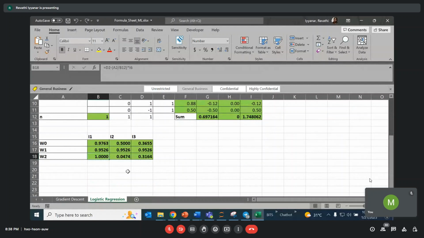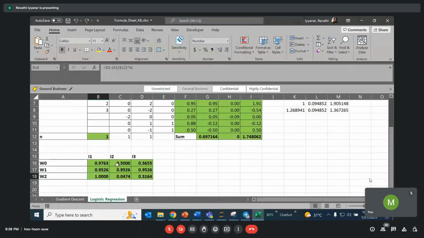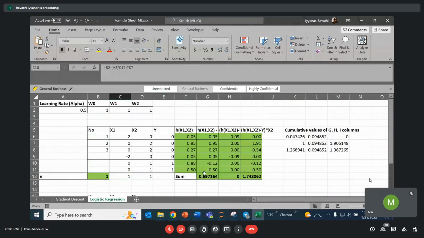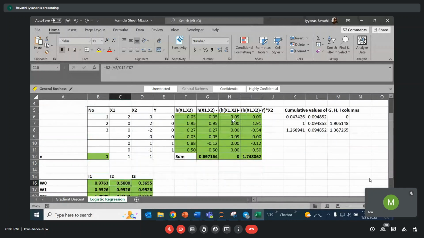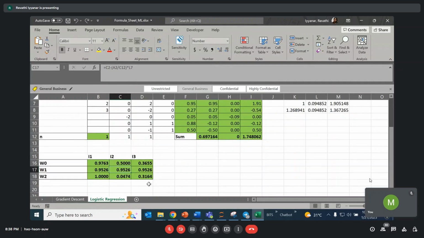So for these three iterations, if you look at these cumulative values, they are accumulating these values on top of the previous ones, by adding to previous, like in the K6 to M6 columns. And then in the next row, these cumulative values are being used for the next iteration.